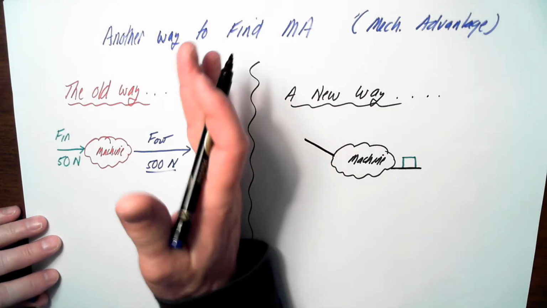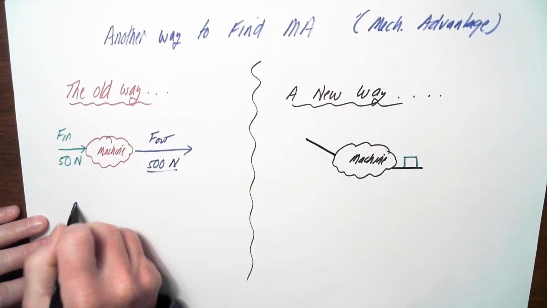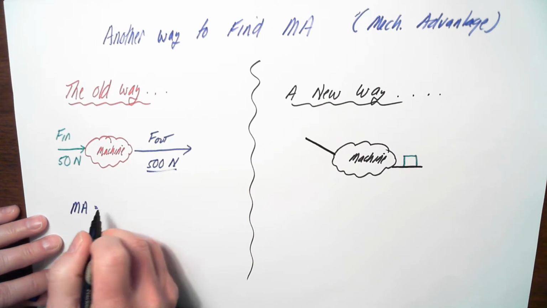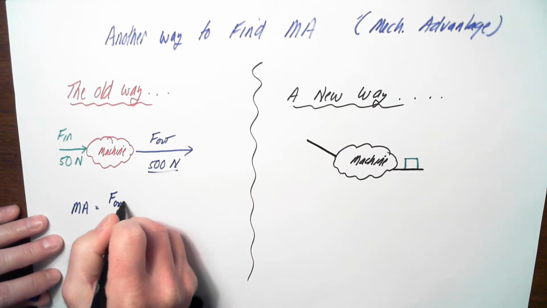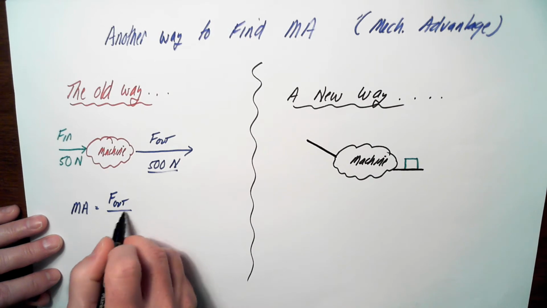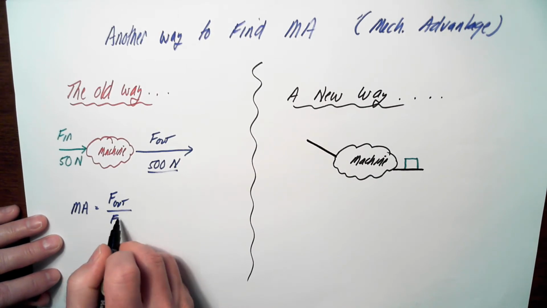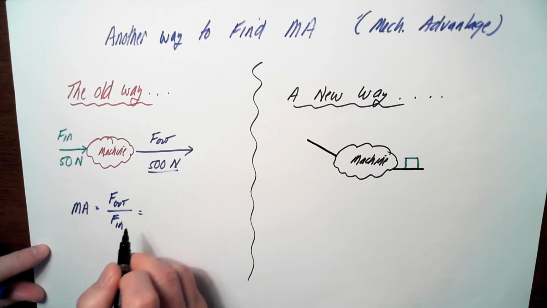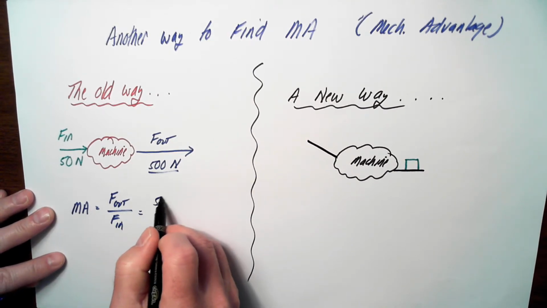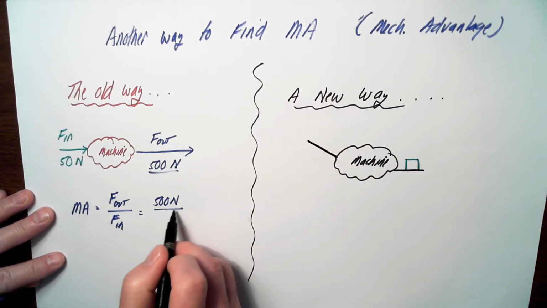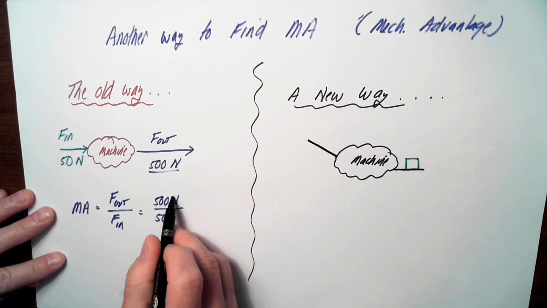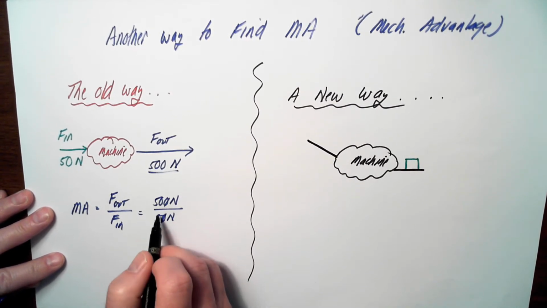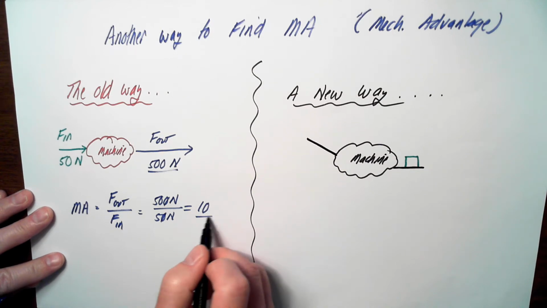And so this is the way we've talked about mechanical advantage. Mechanical advantage is the ratio of the output force, what comes out of your machine, divided by the input force, which is the force you have to put in. Here we get 500 newtons out when you put in 50 newtons, and 500 divided by 50 is 10.